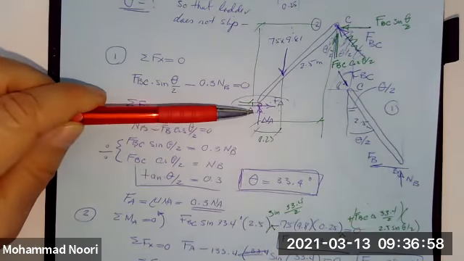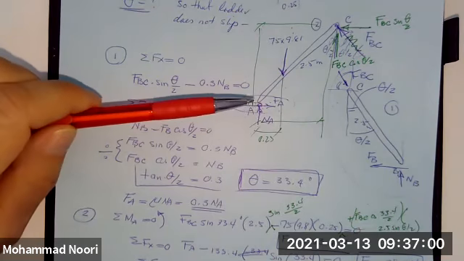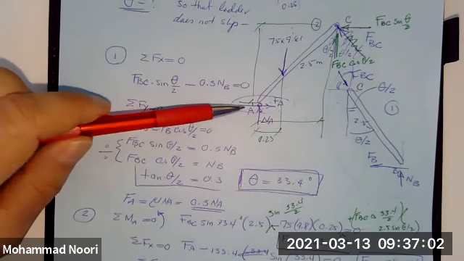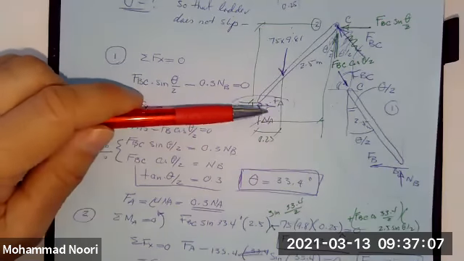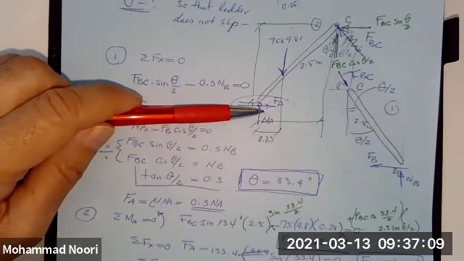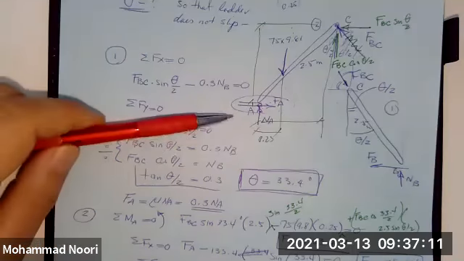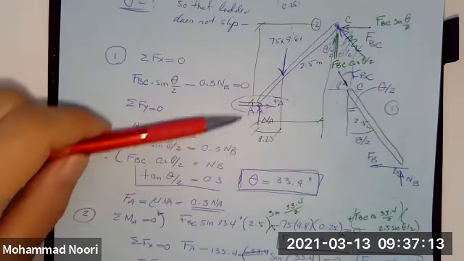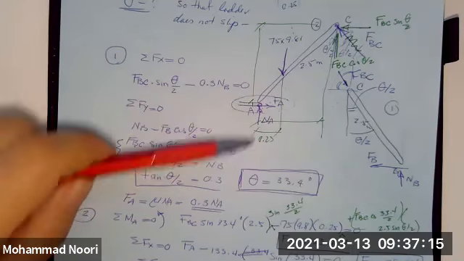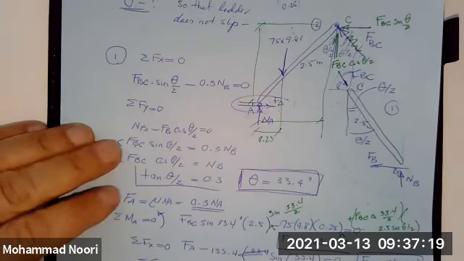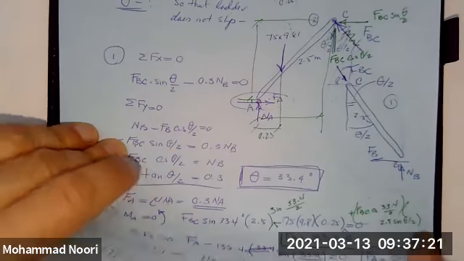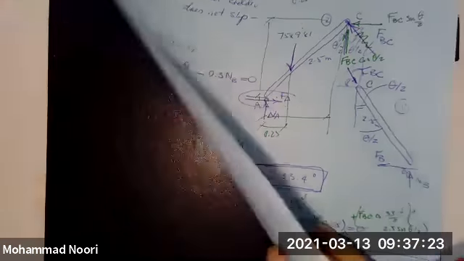So you solve based on the assumption of equilibrium, find the friction force required, and then compare that with the maximum friction force that may develop here. If this is less than that, obviously this stays in equilibrium. So let me do another friction problem.